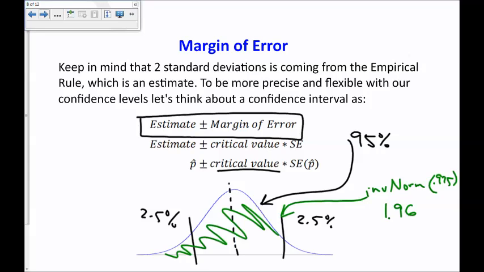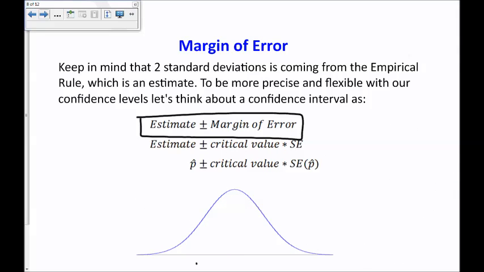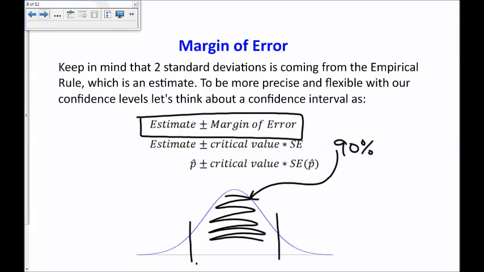Just to make sure that you really understand this, let's run through it again with something like 90% confident. I'm 90% confident that the true proportion is within this number and this number. So the middle 90% of my data means there will be 5% on each end.